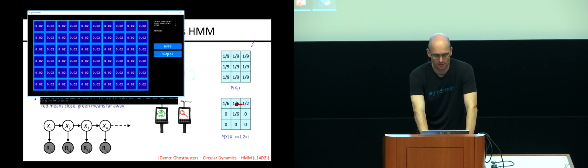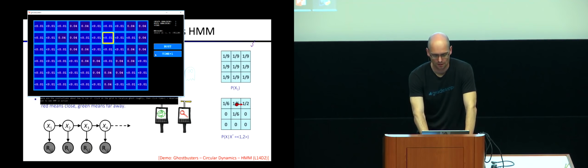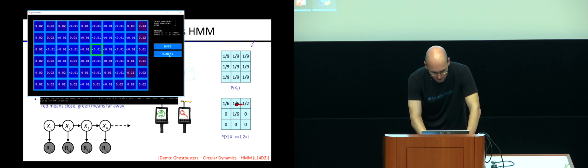Don't see anything happen because we hit the stationary distribution of the Markov model, but now we're going to consider it as an HMM, so we get a measurement. This will change the distribution, then time passes again, we get another measurement, we change the distribution, time passes again, we get another measurement, get another distribution, and so forth.